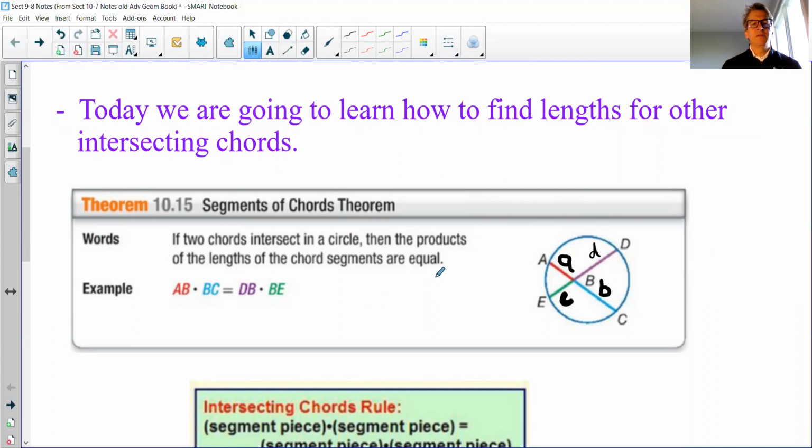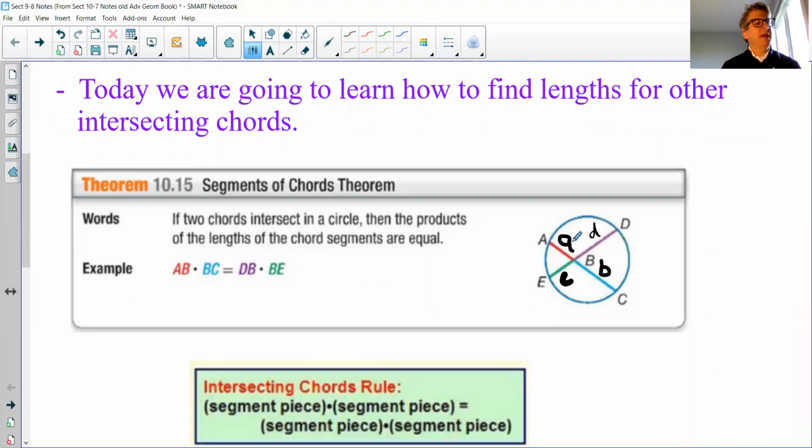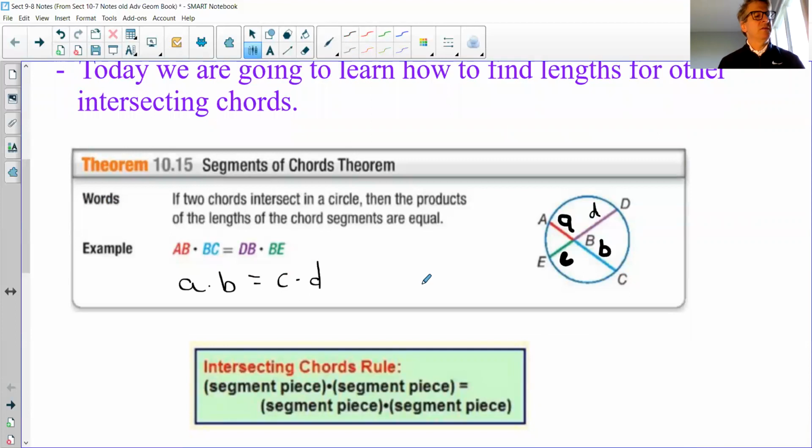Basically what this theorem states is that if you take a times b, that's going to equal c times d. In other words, the intersecting chords rule states: segment piece times segment piece. So little a times little b is equal to the segment piece times the segment piece.